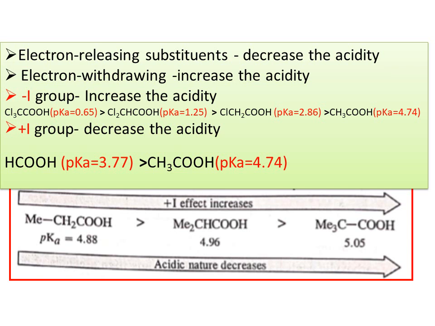Therefore, acetic acid is less acidic while compared to formic acid. Similarly, if the methyl substituents increase, then automatically the pKa value increases and the acid strength decreases.